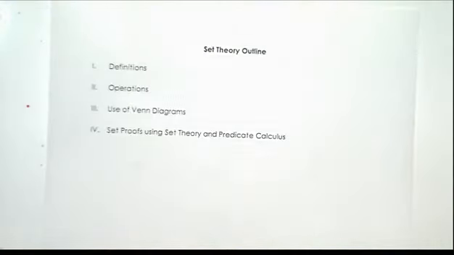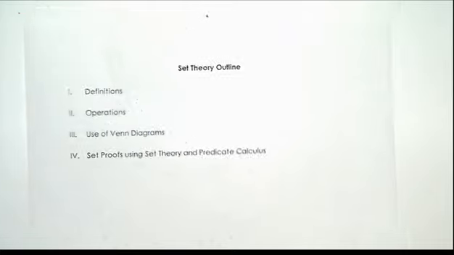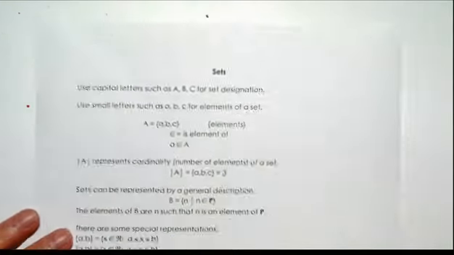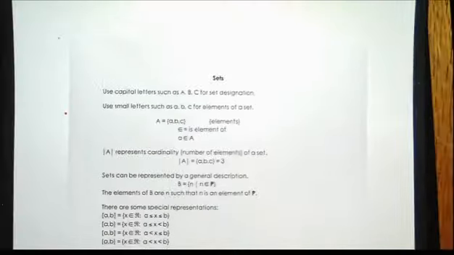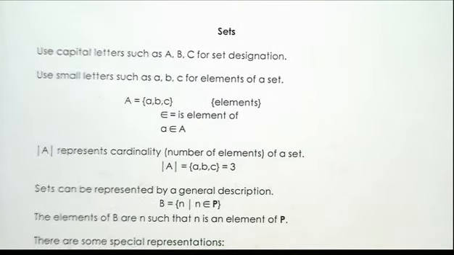Okay, so here's what your Packet 2 set theory outline looks like. It's very bare bones, just for the outline. And then we have some definitions and some common practices we use. So when we talk about sets, we use capital letters.